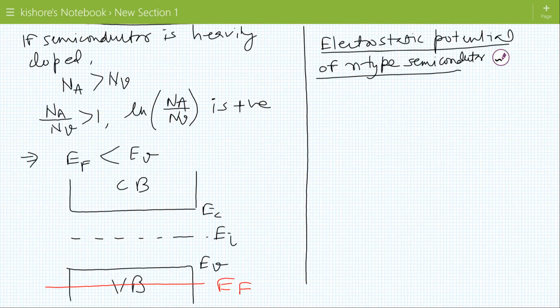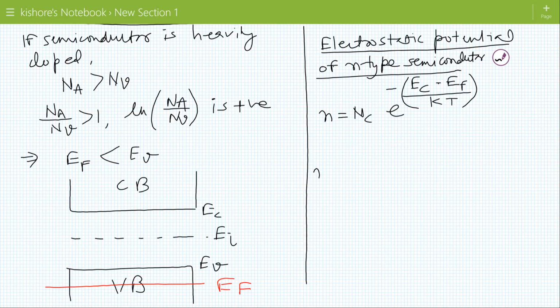In an n-type semiconductor, the expression for the concentration of electrons is Nc e to the power minus (Ec minus Ef) by kT.